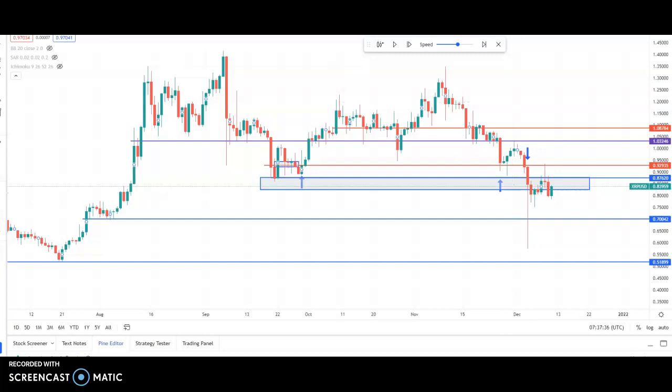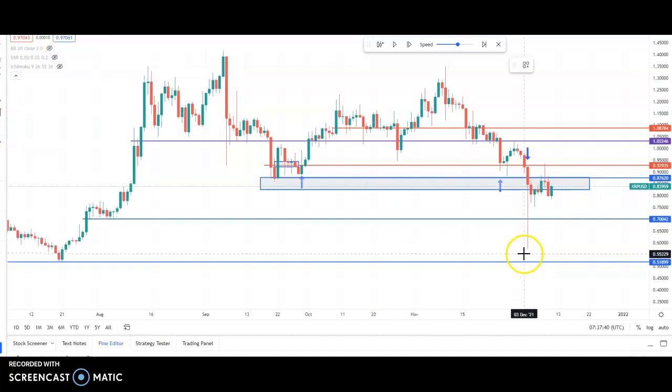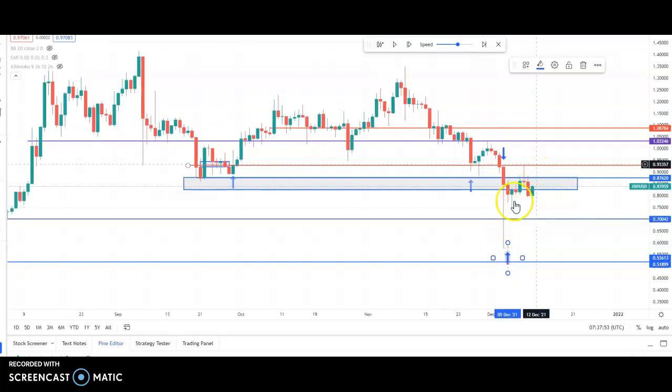Now, we have to ask ourselves, why did XRP have a free fall drop all the way down to 57 cents and then push away from it and not come back after breaking an area of significance that we've seen in the past?